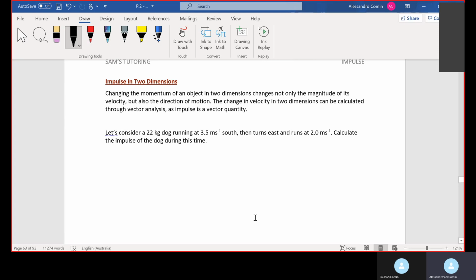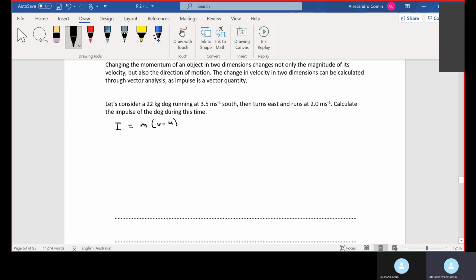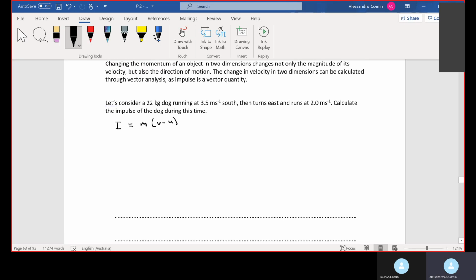So let's kind of do this. These are the typical questions that you're going to get. We know that I is going to equal m(v minus u). Let's consider a dog running at 3.5 meters per second south, then turns east and runs at 2 meters per second.